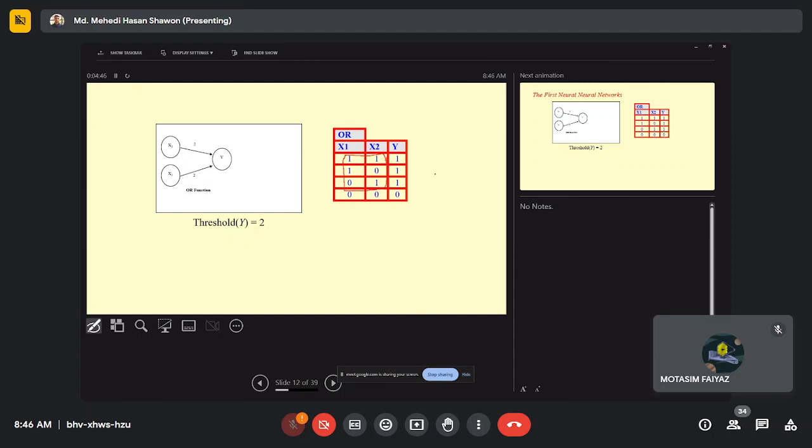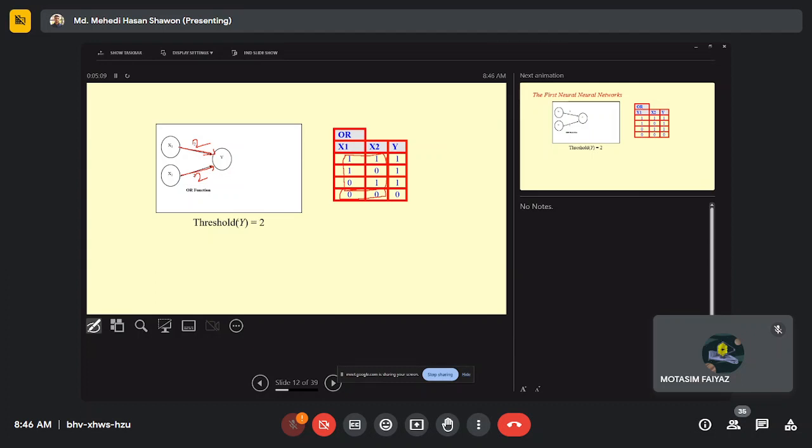If you choose the combination 0 0, you're supposed to get 0. For this OR gate, we consider this connection as weight 2, and this connection also as weight 2.